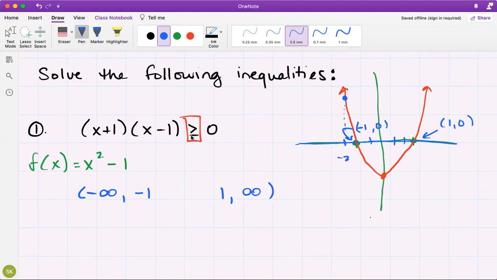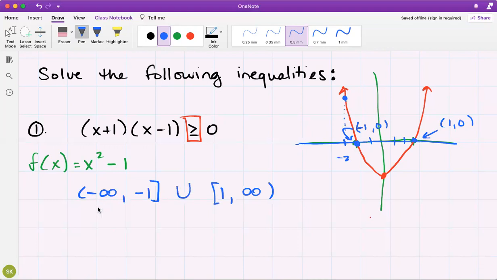Now, because we can be equal to 0, that means we can be above or on the line. The only time we're on the line is when x is equal to -1. So we put a bracket here because when we equal -1, we are on the blue line and we're looking for things that could be on the blue line as well as above the blue line. And then when we're equal to 1, we're on the blue line, so we can include that.